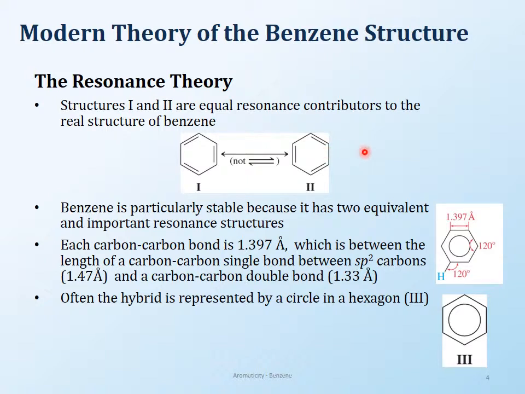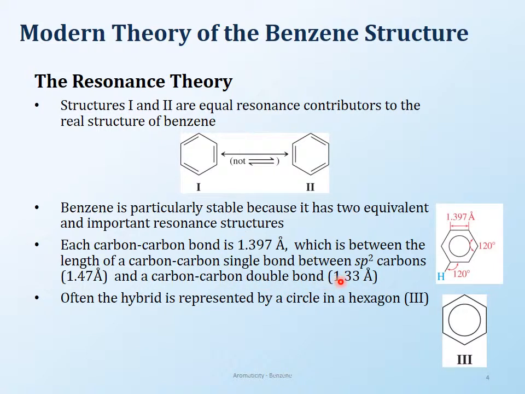Well then, if that's what it is, then the bond length should prove it, because bond length is the best way to figure out if you have resonance going on or not. And it turned out that that is true, that there is resonance going on, because if you had a double bond and a single bond, you would see two bond lengths, one for a double bond and one for a single bond, which would be 1.47 for a single bond and 1.33 for the double bond.